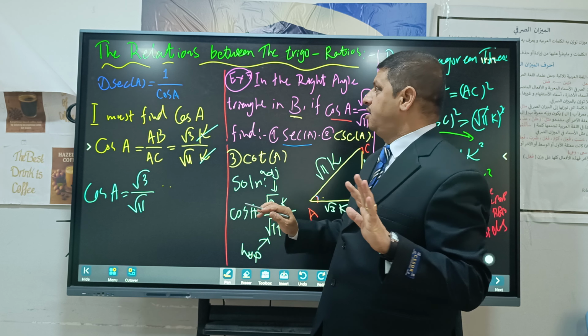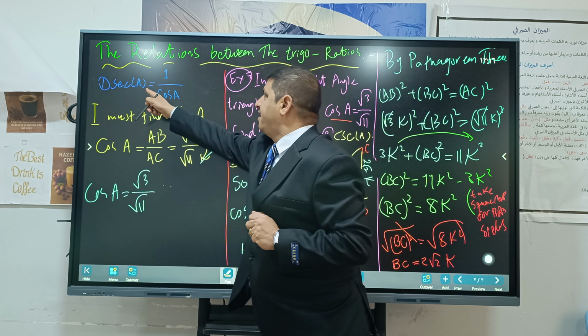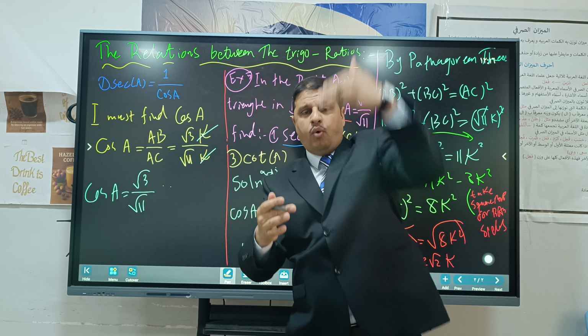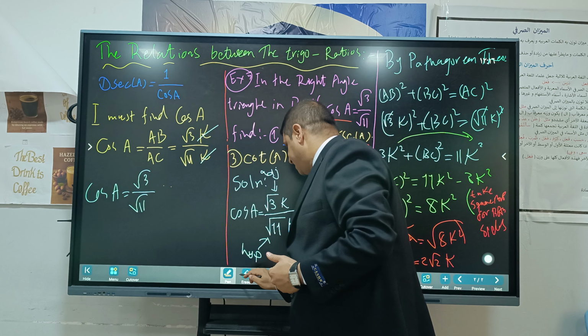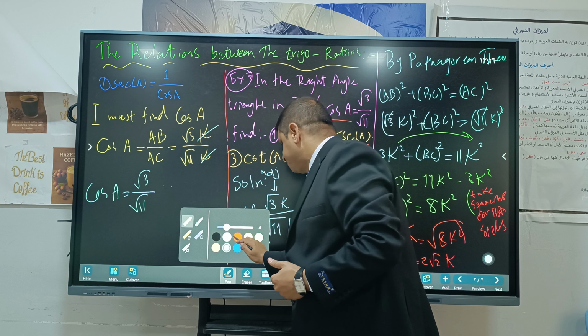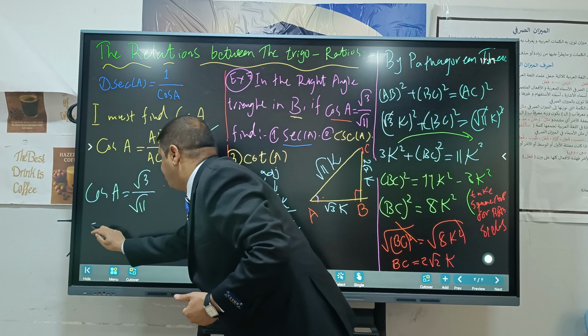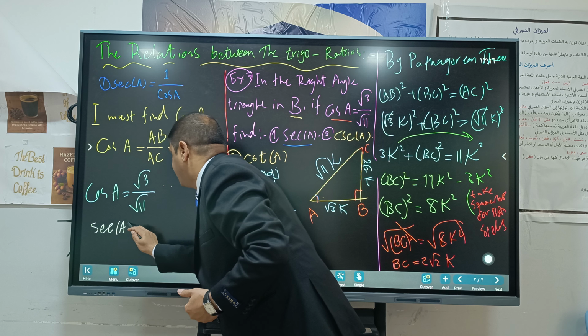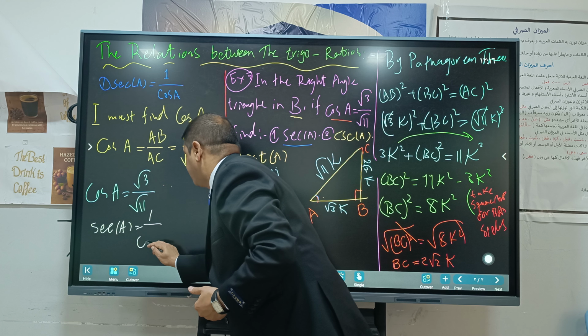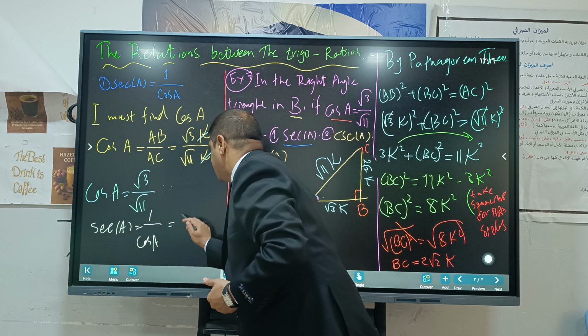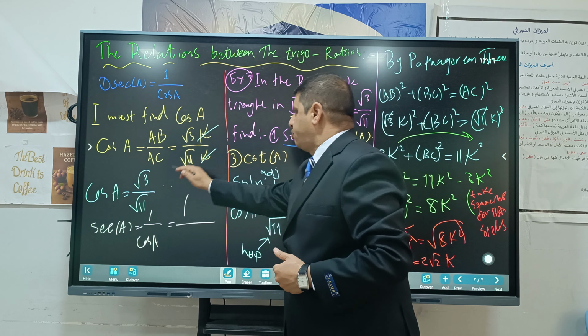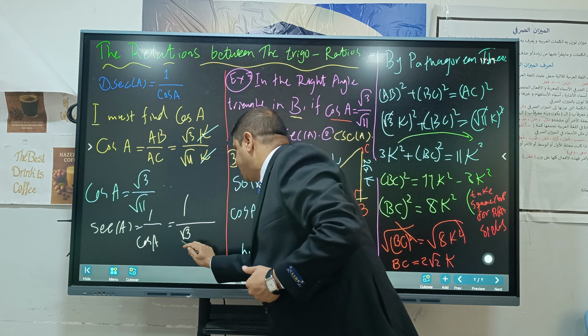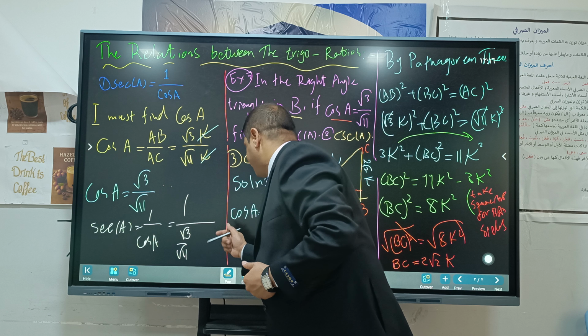Look at me. Secant of A equals 1 over cosine of A, which equals 1 over square root of 3 divided by square root of 11.